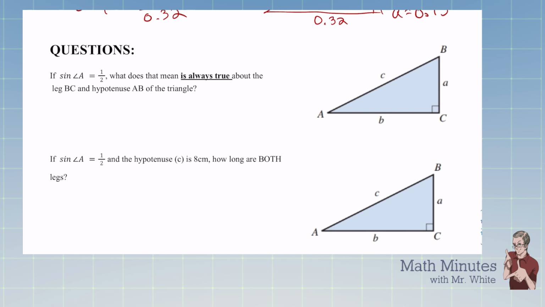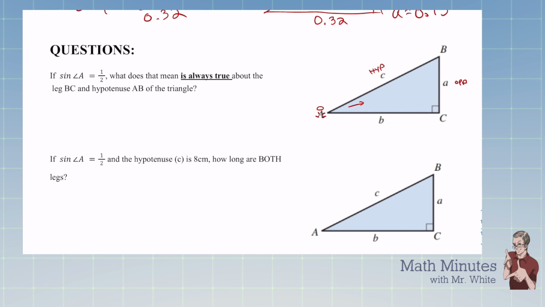So BC is right here, and the hypotenuse AB. Well, let's fill in the values. So if the sine of angle A is 1/2, remember I always draw a little guy here because again, we're looking from that perspective, right? We're looking out over here. So this A is opposite. So over here, this is our opposite, and then here's our hypotenuse, of course, which is the longest side.